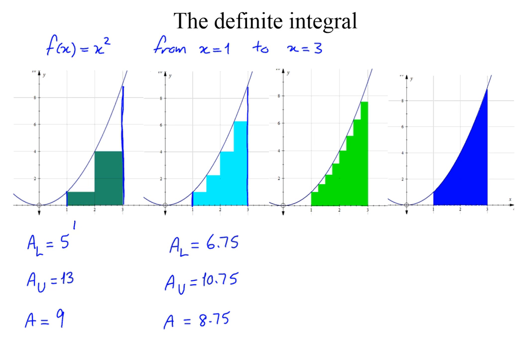So when n, the number of rectangles here, is 2, these are the areas. When n is 4, these are the areas.